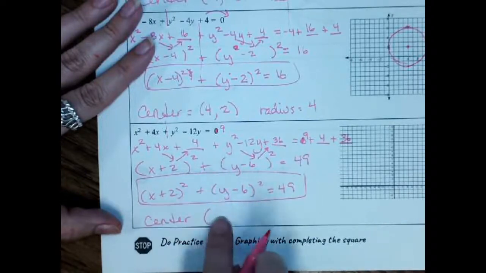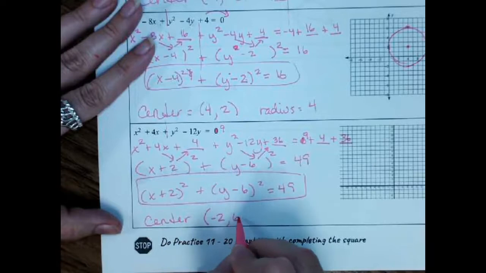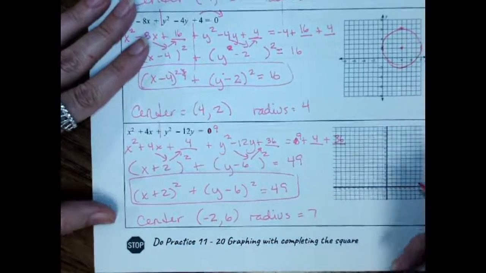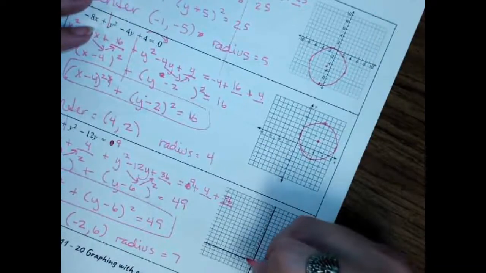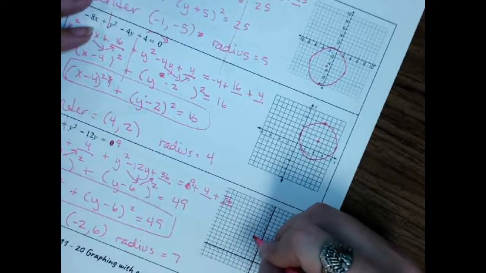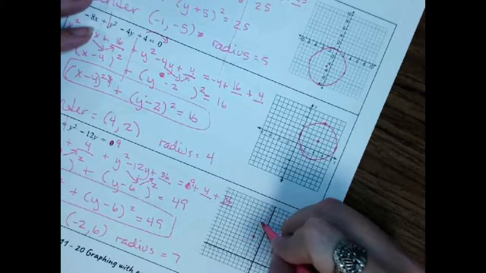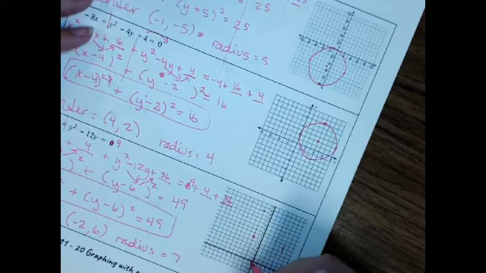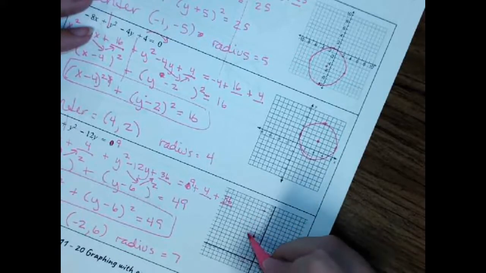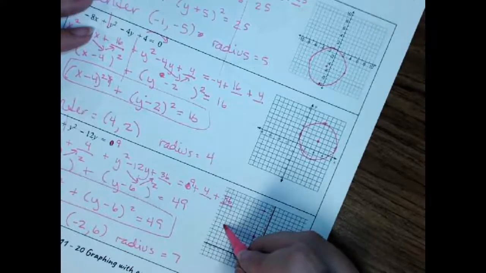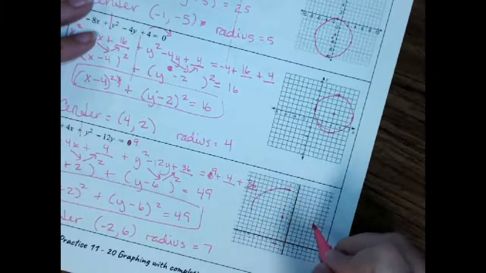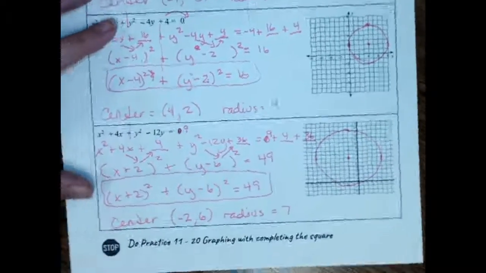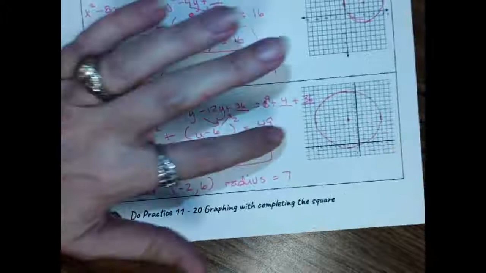Remember, you switch the signs of these, so that's -2 and 6, and the radius is the square root of this, and a radius of 7. And draw it in. And that's it. And now you use completing the square to get the equations of your circles.